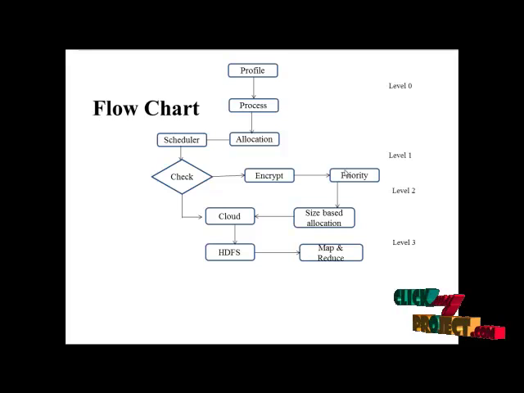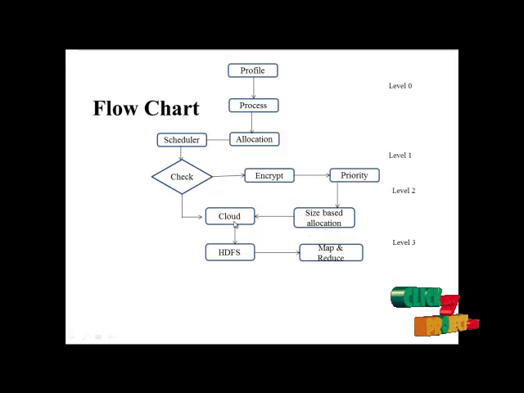Here the data is based on scheduling. The scheduler is scheduling the jobs, works or files, so the file job is allocated based on the file size. Here we are creating different virtual machines: small, medium, large. Based on the different virtual machines, the data is stored on the cloud server.